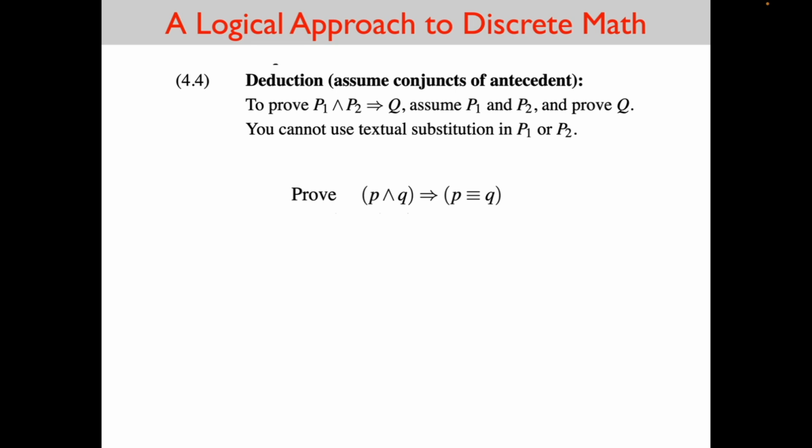In other words, we are going to assume the conjuncts of the antecedent. Now, do you see that in this particular example, P1 is the little p, P2 is the little q, and P equivales Q is the capital Q? All right, so you see this is of the form P1 and P2 implies Q.